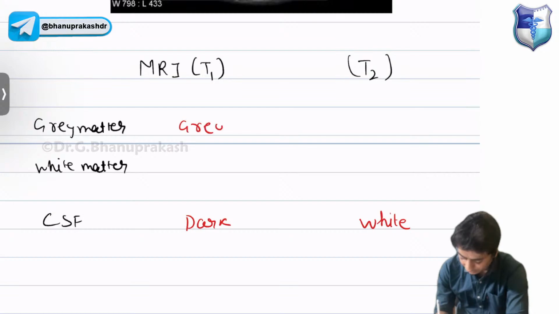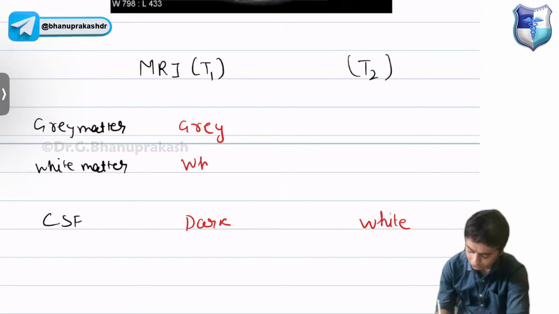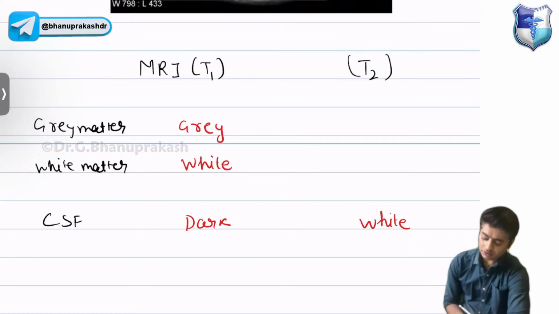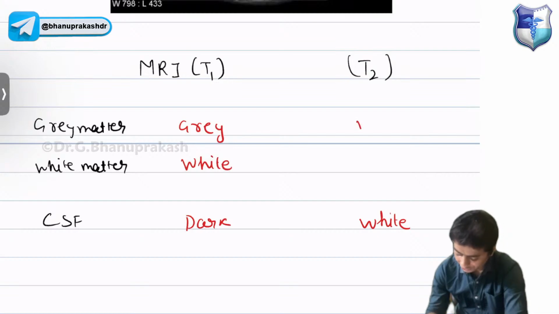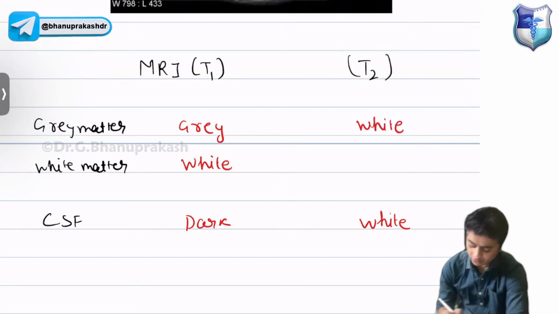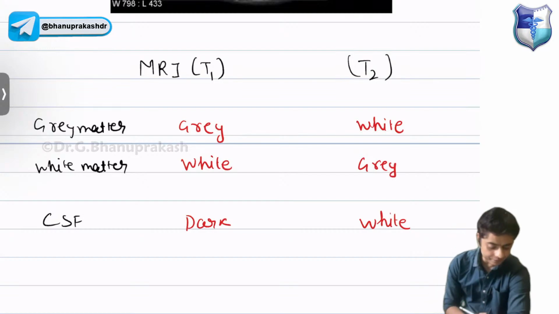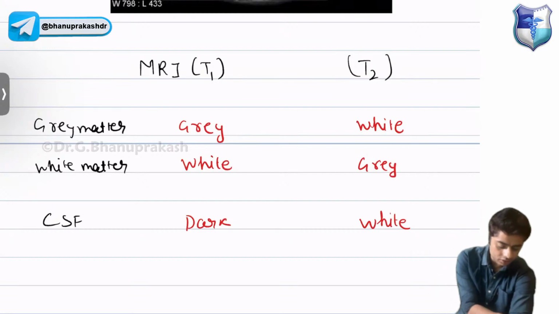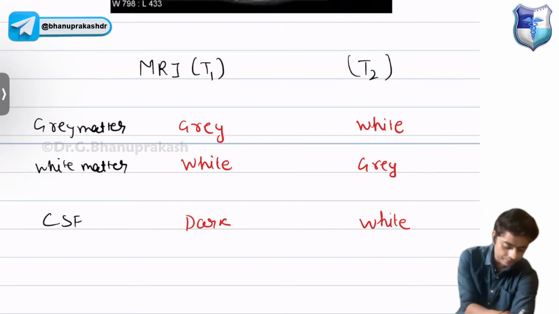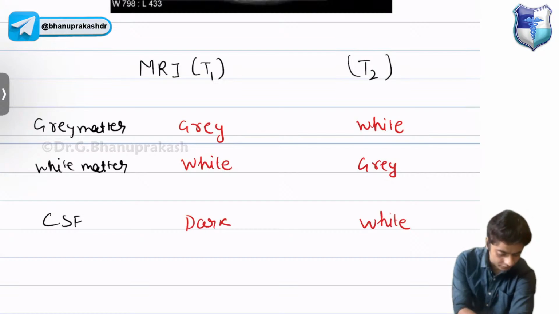Your gray matter will be gray on T1 and your white matter will be white on T1. But your gray matter on T2 will be white, and your white matter on T2 will be gray. Okay, everyone?